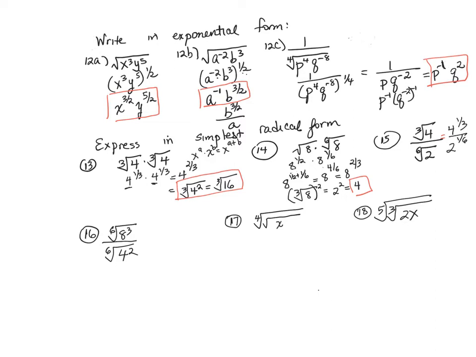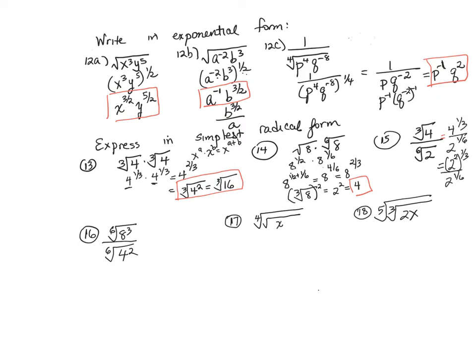Now, in order to multiply or divide exponential expressions, the bases have to be the same. So we'll rewrite 4 as 2 squared to the 1/3 over 2 to the 1/6.